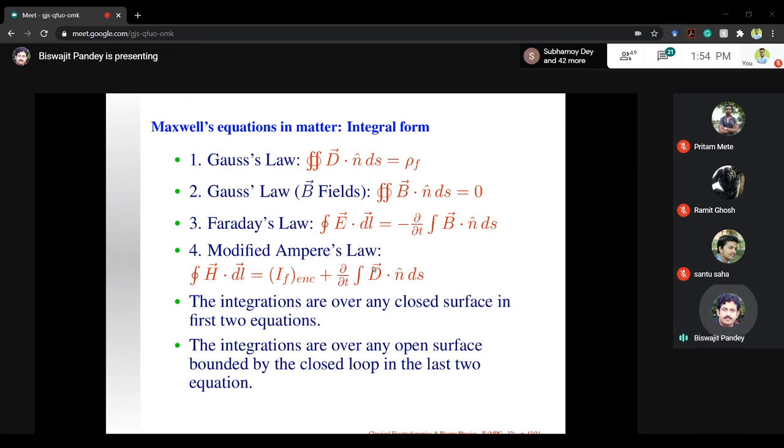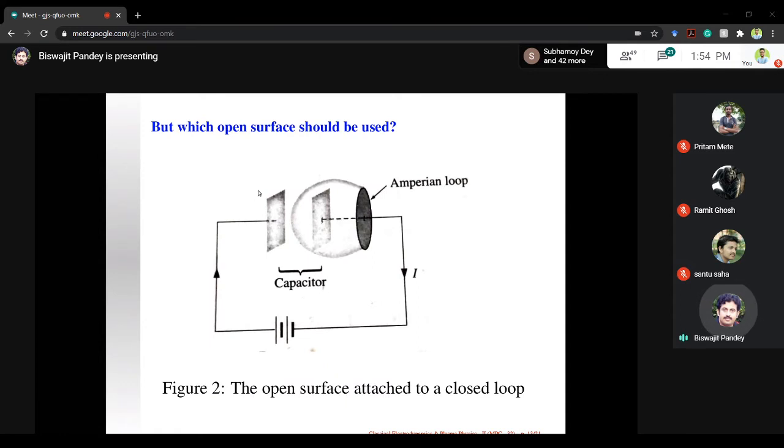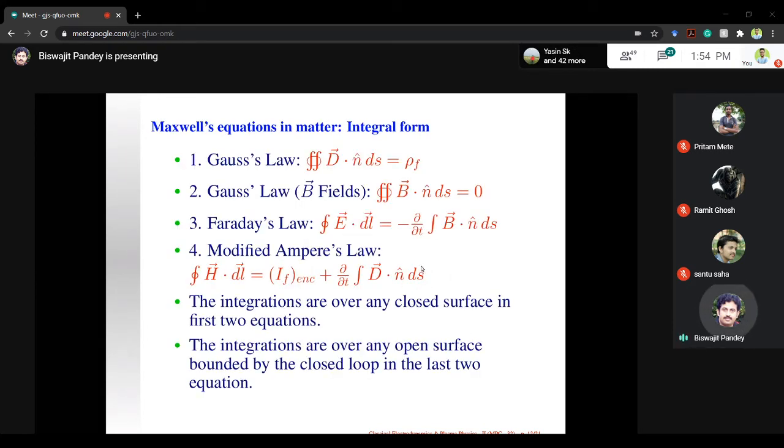If I take a derivative of E with respect to time, E is equal to Q by epsilon naught R square. So del Q del t, which is nothing but current, and in the denominator there is epsilon naught into R square. Now if you integrate over the area, there will be R square here, so that R square and the R square in the denominator will get cancelled, and there is epsilon here, right?